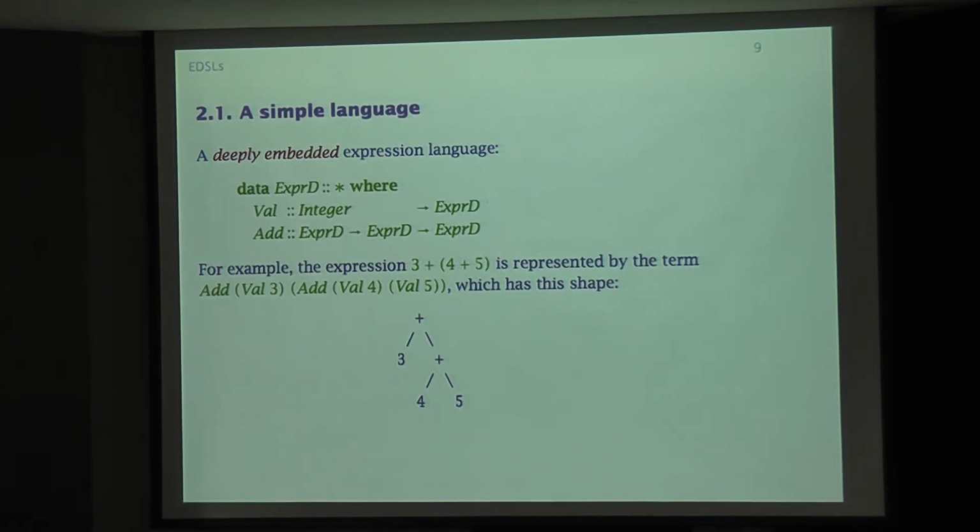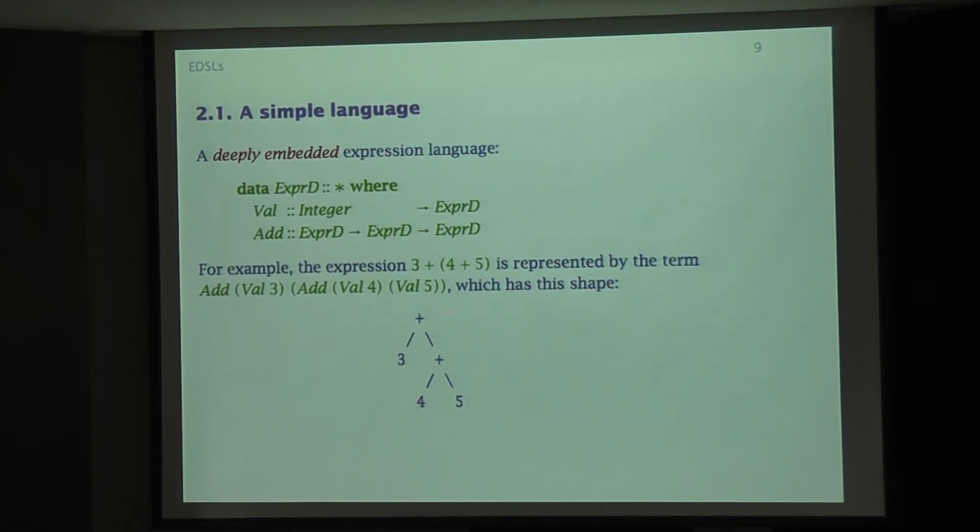They're arithmetic expressions like 3 plus 4 plus 5. I've got numbers, and I can do addition. And that's all I can do in my language. You can't get a much simpler language than that. So these are morally the kind of programs I want to express.